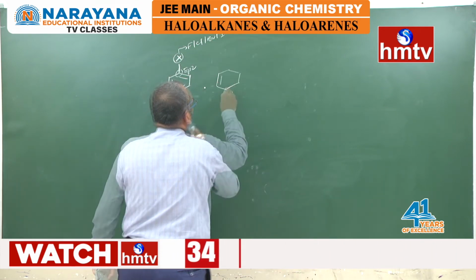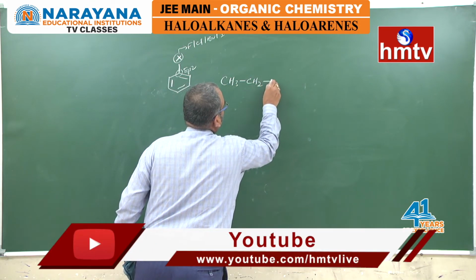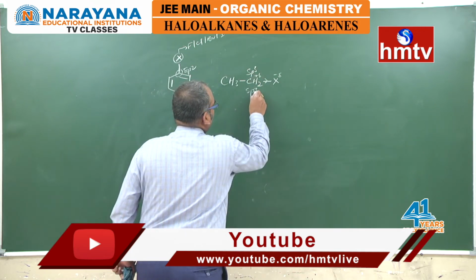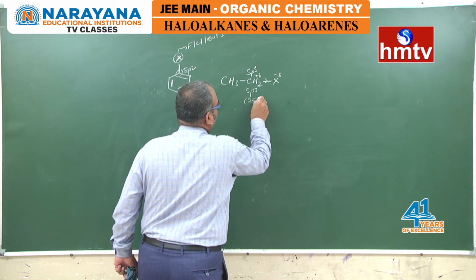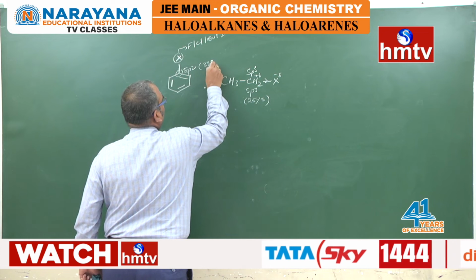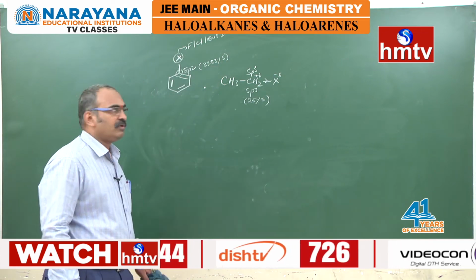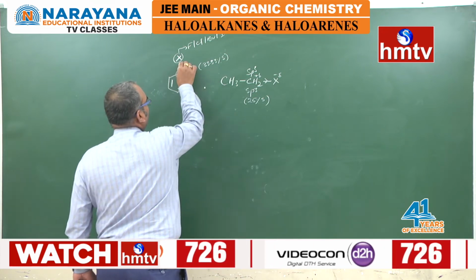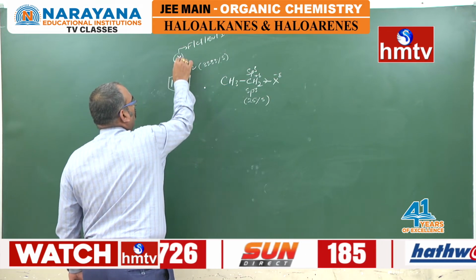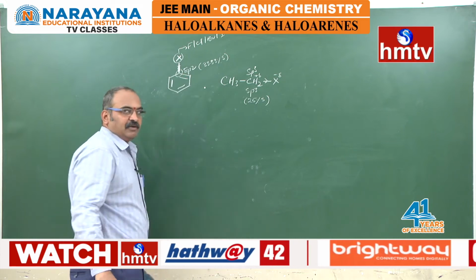And in alkyl halides, the halogen is bonded to an sp3 carbon. So sp3 carbon has 25% s character, sp2 carbon has 33.33% s character. Because of more s character, the sp2 carbon is more electronegative. That's why it holds the bond pair firmly and doesn't break easily.